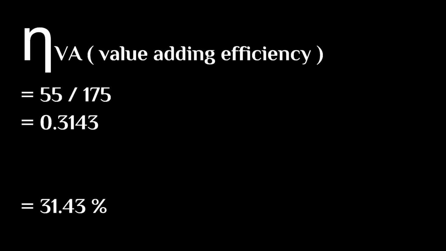So you see, from the customer perspective, he wants to pay only 30% of what you do. In his point of view, all other activities are useless, and he doesn't want to pay for that. This is how you calculate the value adding efficiency.